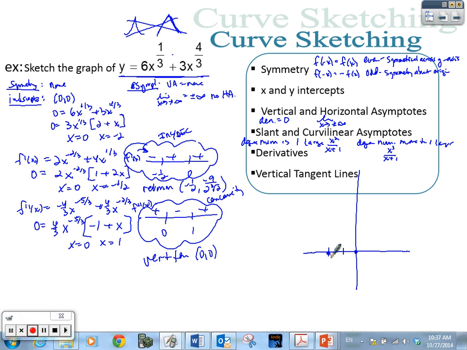Negative 1/2, negative 9 over 2 cube root 2. I'm just going to say that's where that is. I don't really have anything going on the right side, and I need a little bit more information. So an easy point to get would be at 1. So I would substitute a 1 up here, and I would get 9. So I would go ahead and plot that just so I have a little bit more information.